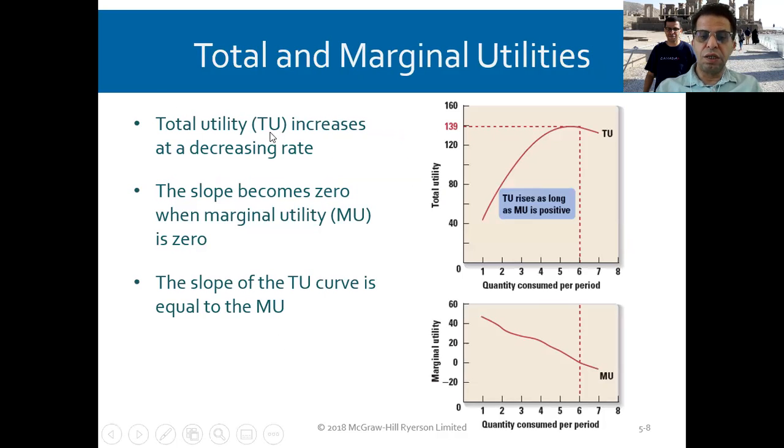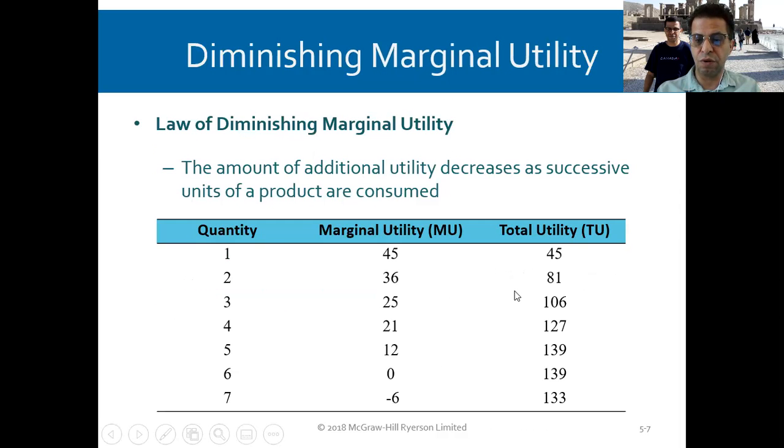So the total utility, or TU, increases at a decreasing rate. As you see, it keeps increasing, but at a decreasing rate. That is different from when it becomes negative.